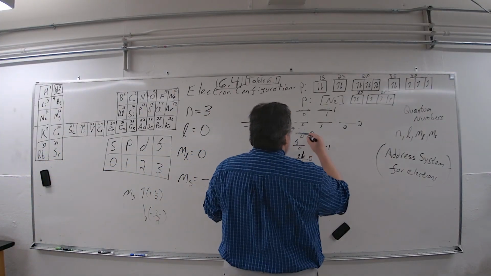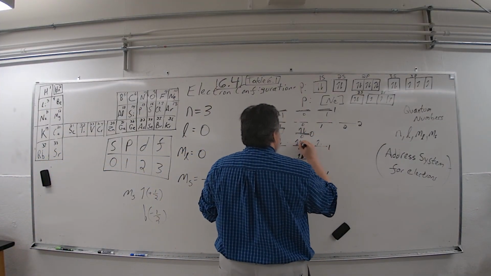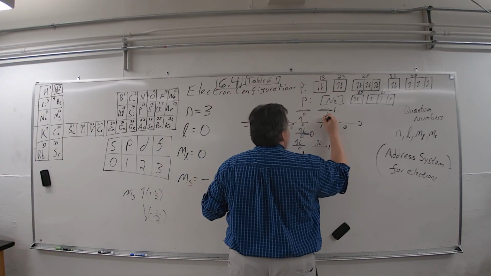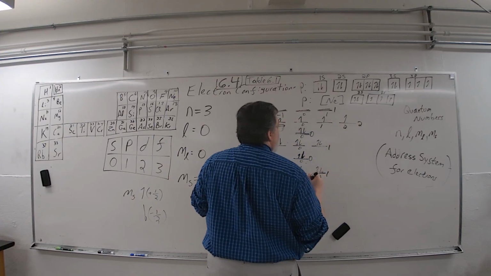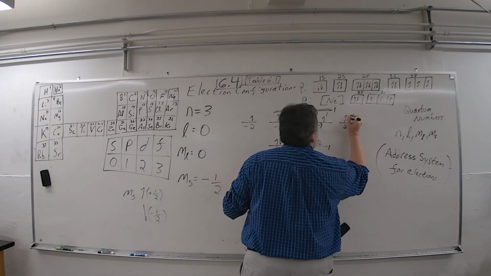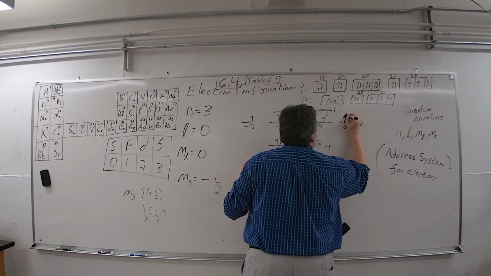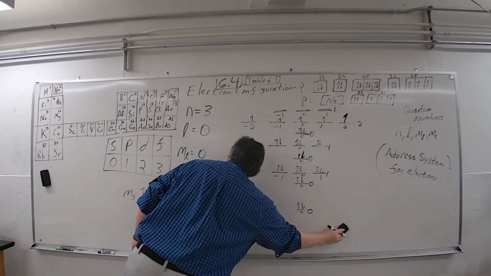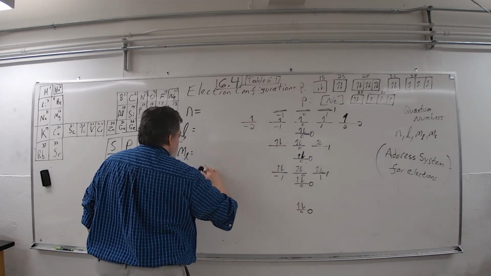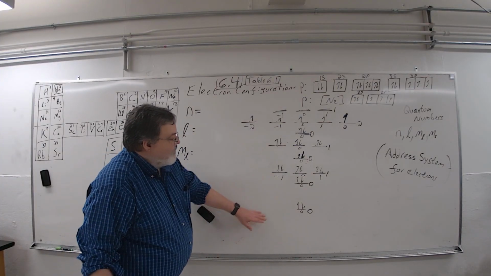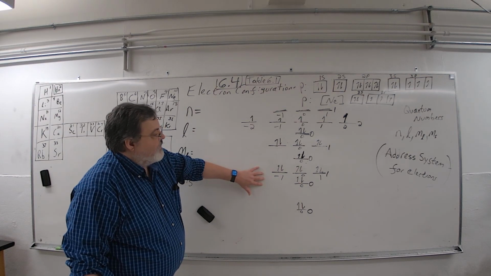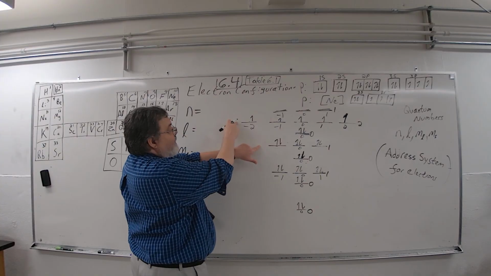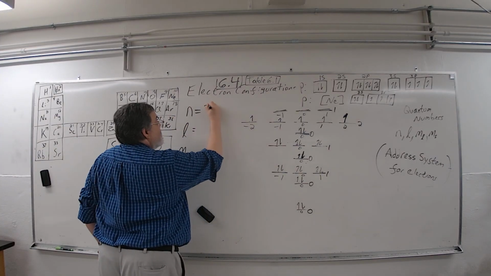What about, let's say, we were trying to come up with the address for this electron. So you would start with, it's n equals 1, this is n equals 2, these are n equals 3, this is 3s, 3p, and 3d, so we're in 3 still.